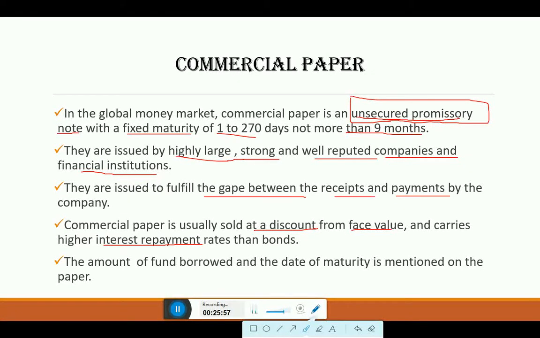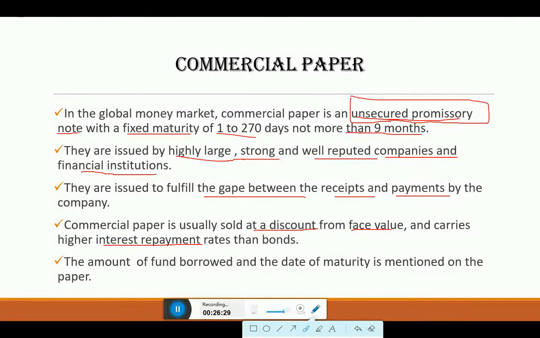There is a $200 discount on the face value, and besides that it has an interest rate, which means that after the maturity period, the holder of the commercial paper not only receives the $200 face value discount, but also he will receive interest equaling the rate mentioned on it.